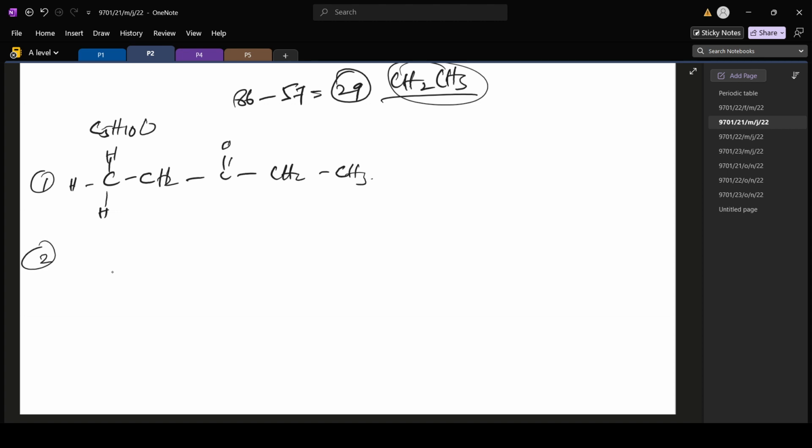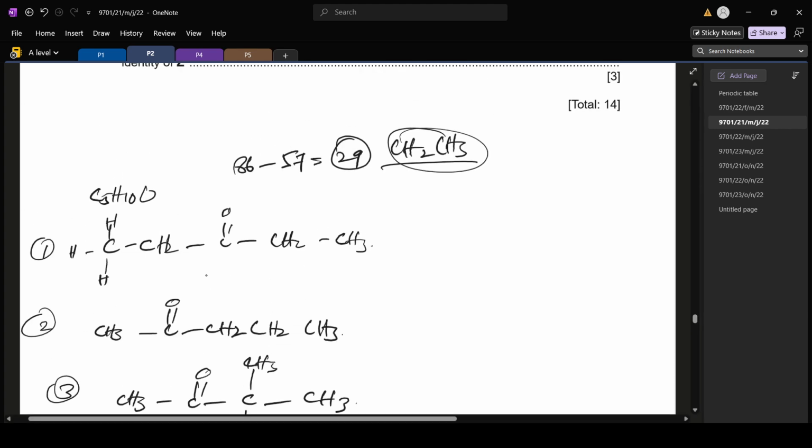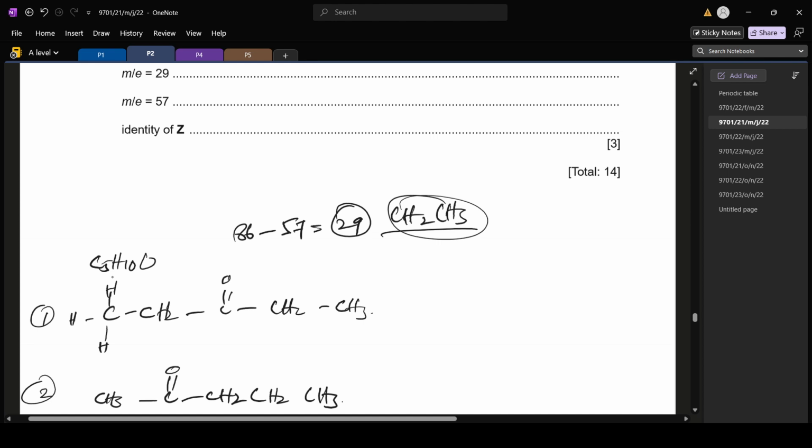Then the second one: CH3, C double bond O, CH2, CH2, CH3. And then CH3, C double bond O, then draw a branch: CH, CH3, and CH3.